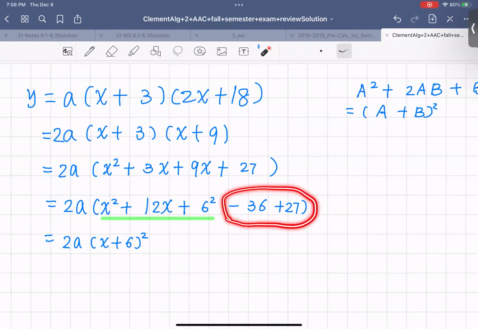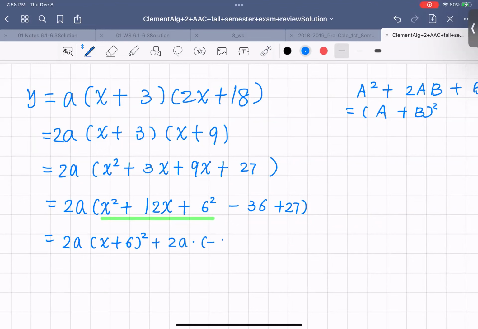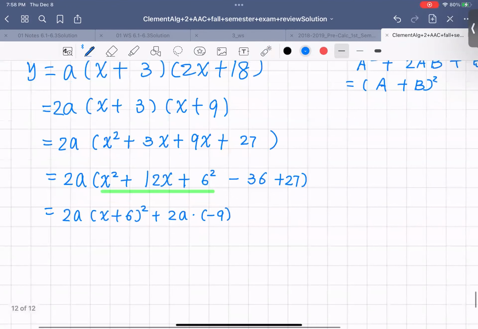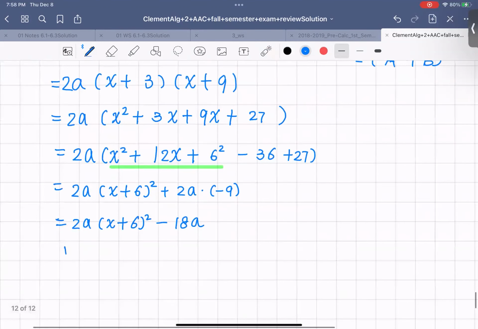That guy, negative 36 plus 27 is negative 9. And then plus 2a times negative 9. So my vertex is negative 6, comma, negative 18a.